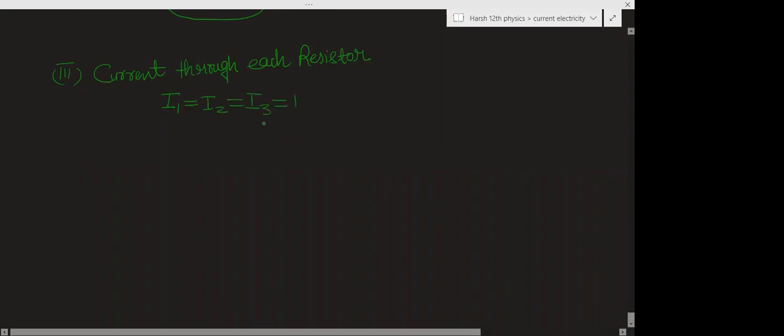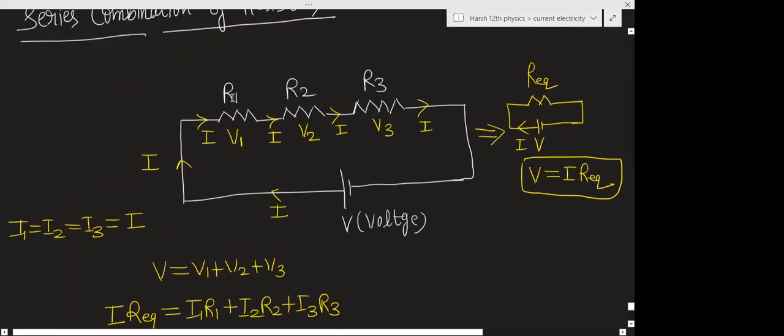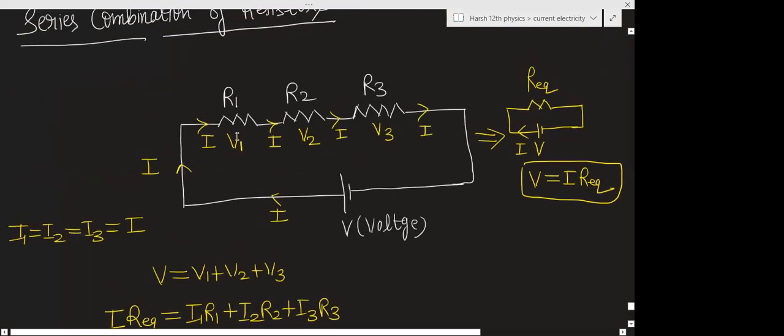Fourth point, voltage across each resistor. Now Harsh, tell me what will be the voltage across each resistor. I am just asking voltage across resistor R1. V1.